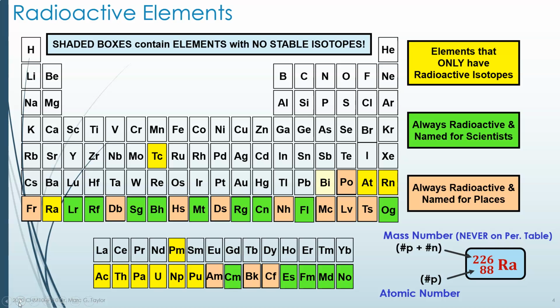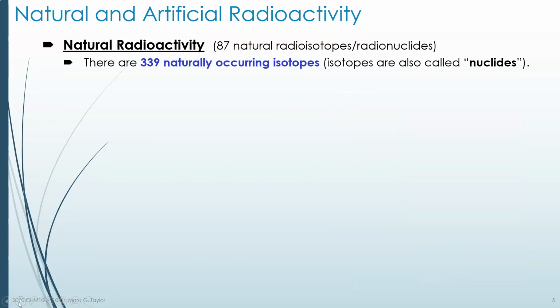They each have their own mass number. So that's the sum of the protons and neutrons. So that gives you a rough idea of how heavy that particular isotope of radium in this case is. It has a mass of about 226 atomic mass units and 88 protons. And if we take the difference between those two numbers, we'll get the number of neutrons.